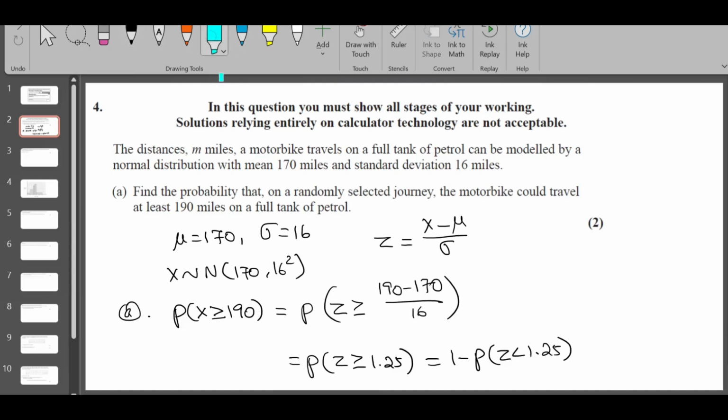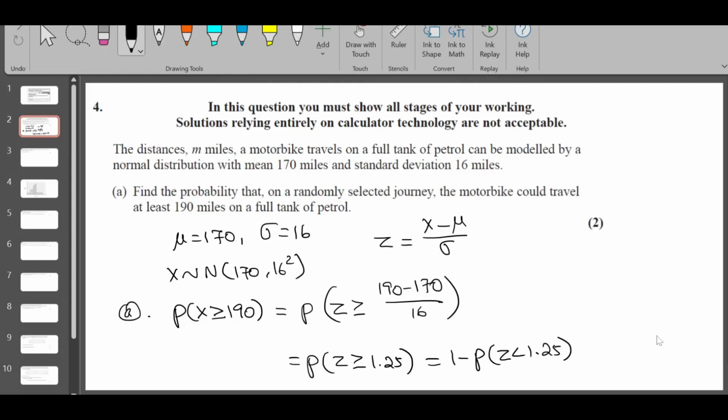The less than or equal to or greater than or equal to, the equal sign doesn't really matter here because we are talking about a continuous random variable. So whether you put the equal sign or not, you won't lose marks, don't worry. We need to use the table to get this value. The value corresponding to 1.25 is 0.8944.